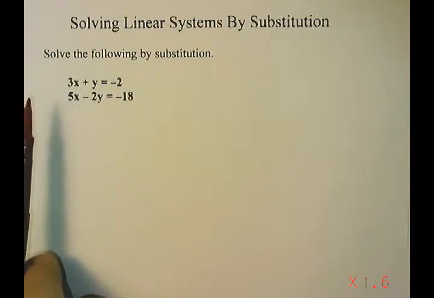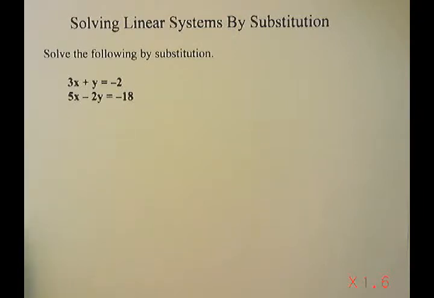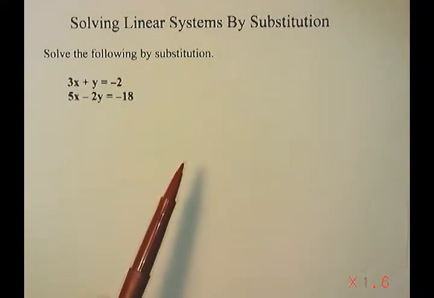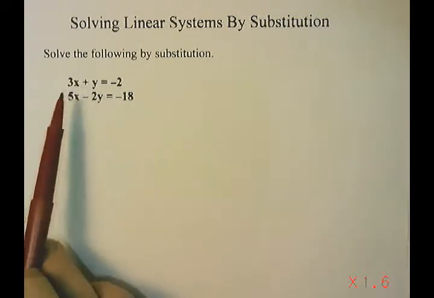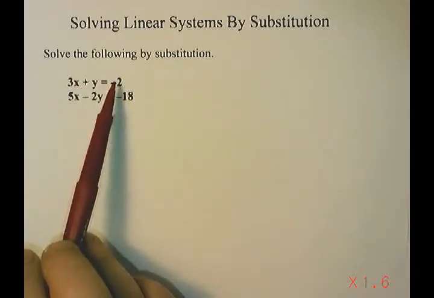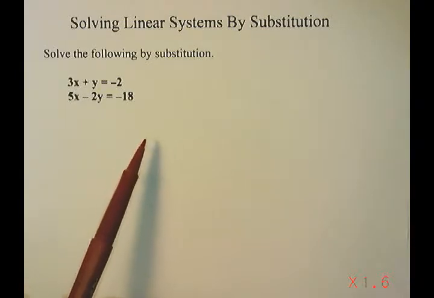There are a couple of different ways to find point of intersection. One of the ways we've already talked about is solving by graphing. And substitution is just another way of doing it using algebra instead of making a graph. So when I solve by substitution, what we want to do is take one of the equations and substitute it into the other one.